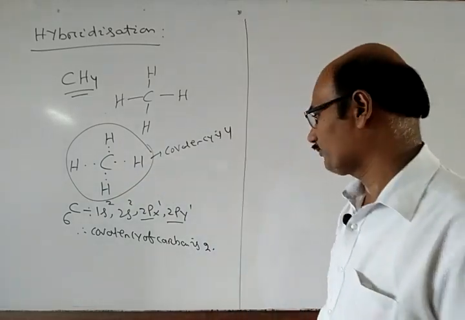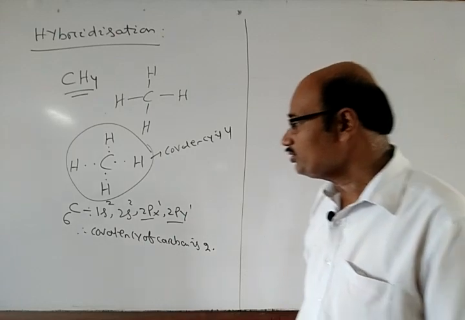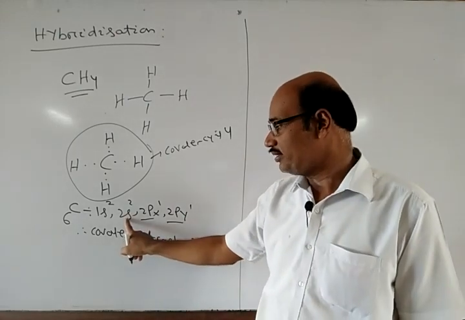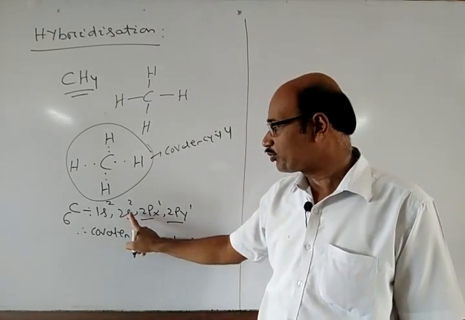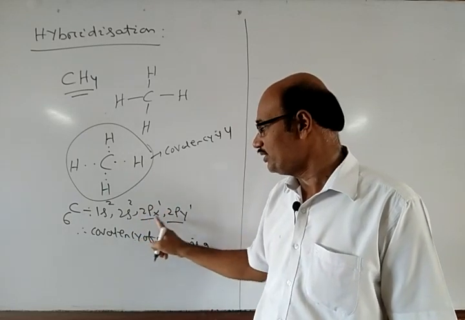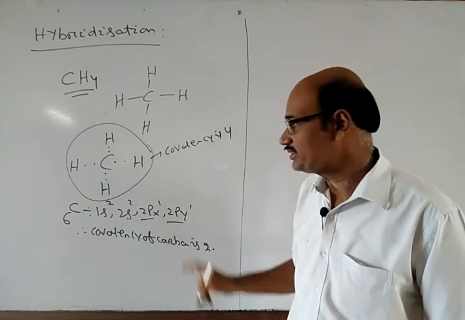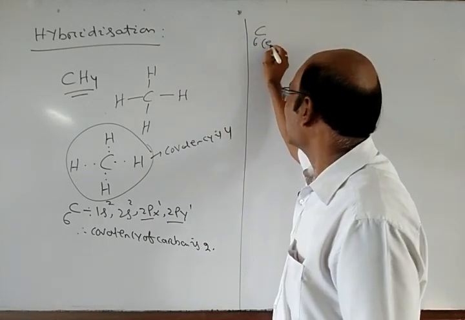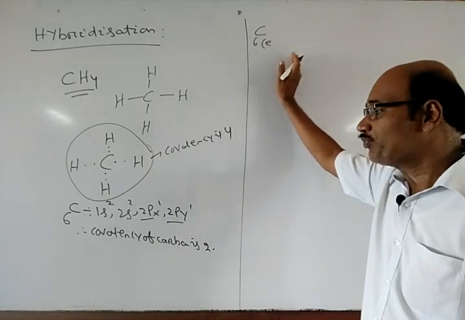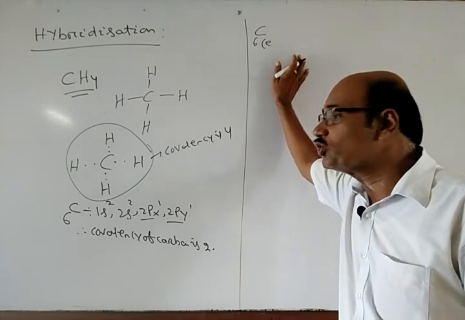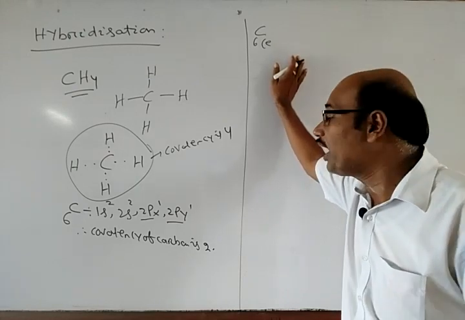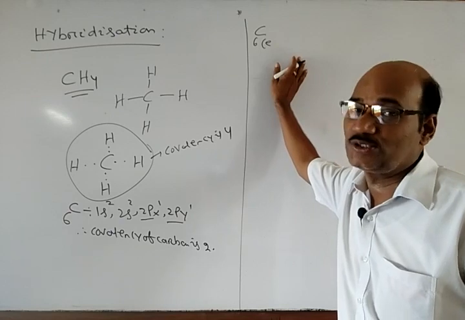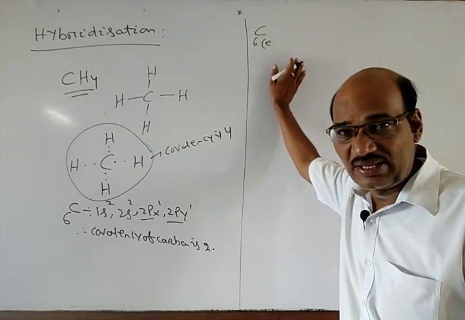The electron from the 2s orbital may be promoted to any one of the 2p orbitals. That means the electron is promoted from 2s to 2p. So how can you promote it? By excitation, by means of supply of energy.